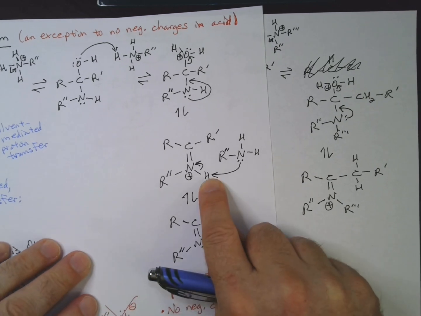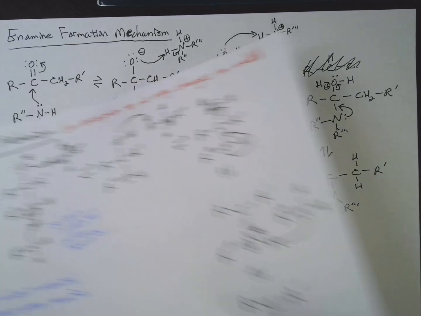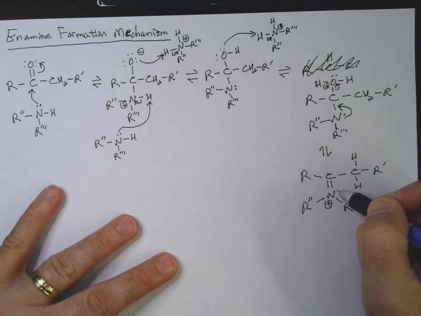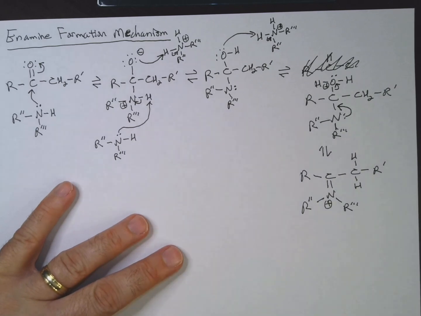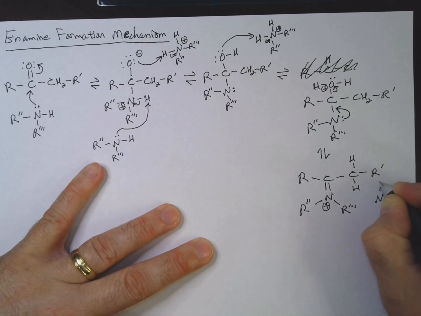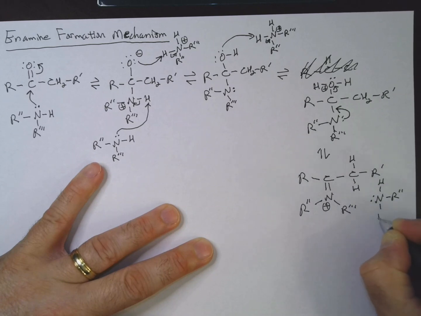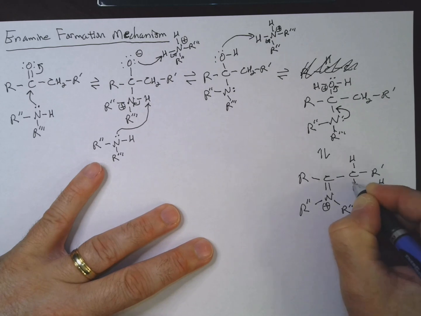Remember before we had a proton on the nitrogen that could be pulled off, and now we've got a carbon-nitrogen double bond, but a positive charge on the carbon. So our final proton transfer is actually going to be one of the alpha protons here. So we'll pull off that proton.